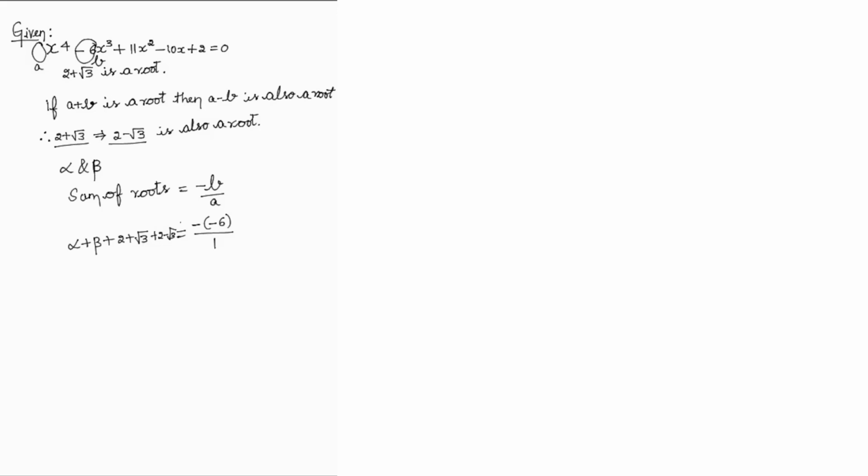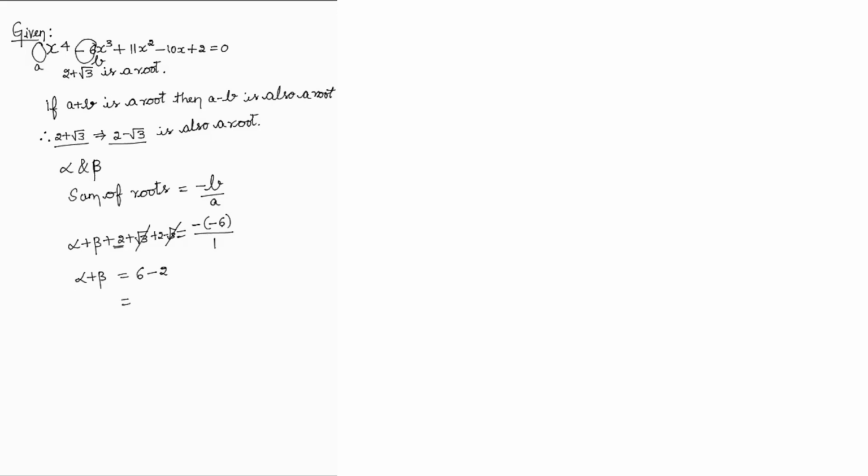Now we will cancel these two, plus root 3 and minus root 3, and then now it is alpha plus beta equal to minus into minus plus 6, so 6, and then this 2 will go to right hand side, which will become minus 2.